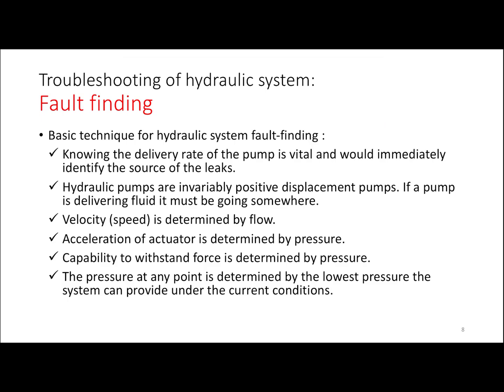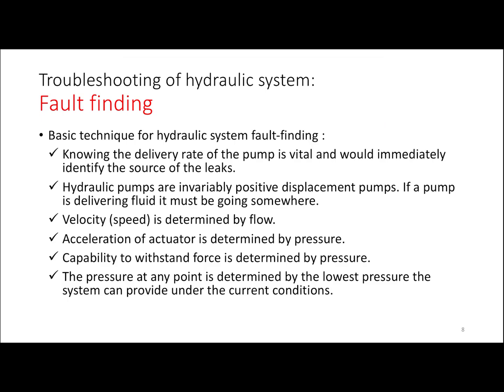Now, basic techniques for hydraulic system fault finding. First, knowing the delivery rate of the pump. It is a vital step because when we know the flow rate of the pump, if there are problems with our valve, for example, we can see it directly from the flow rate, whether there is leaking or something else.